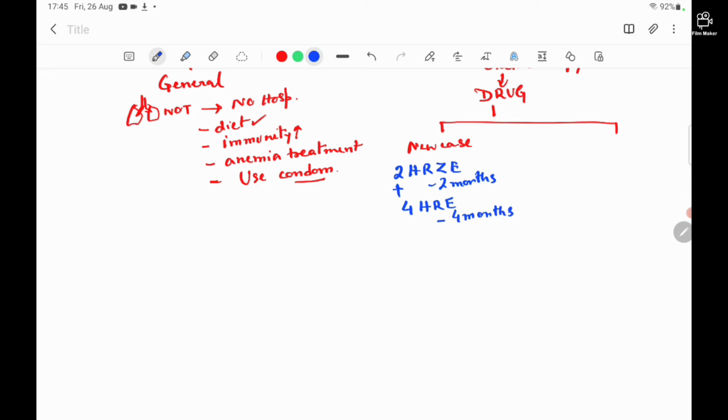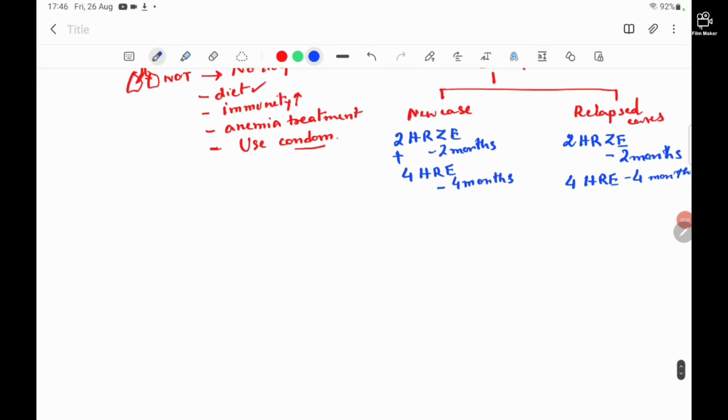Okay, then relapsed cases. If these are relapsed cases, we will go for 2HRZE for 2 months and 4HRE for 4 months.